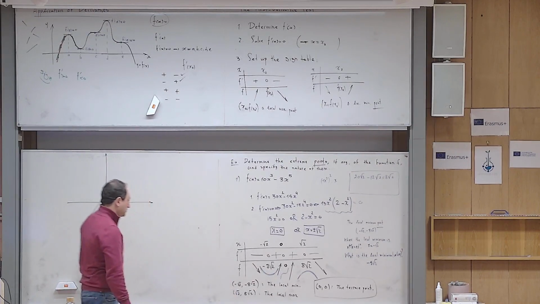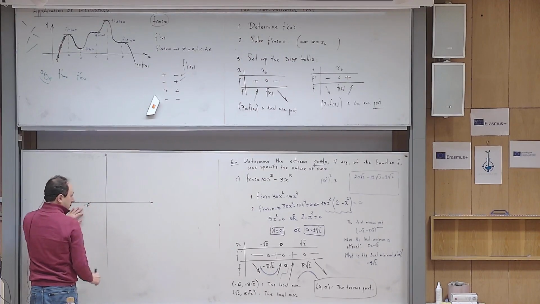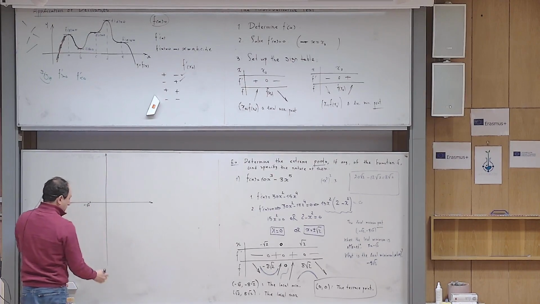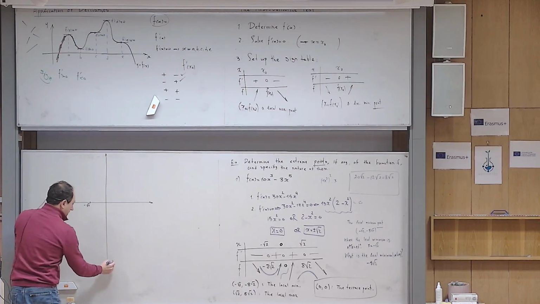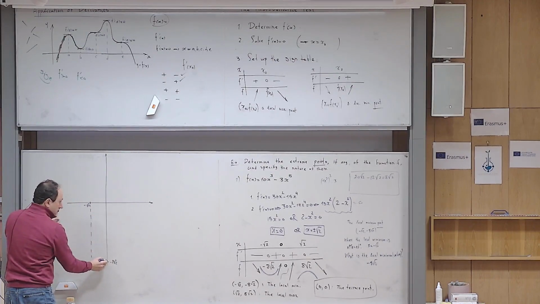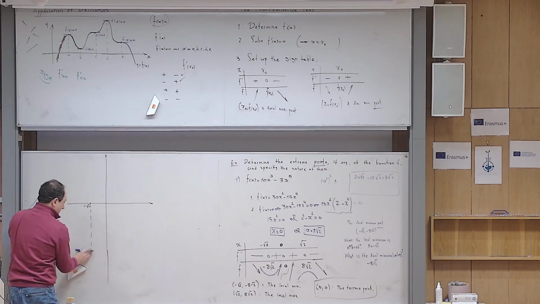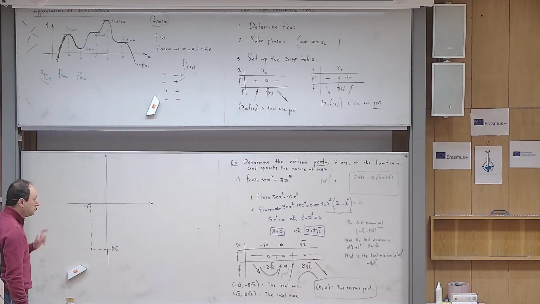So minus square root of 2. Let us say that this is minus square root of 2, I might exaggerate a little bit. And then minus 8 square root of 2. Let us say this is minus 8 square root of 2. I don't need to exaggerate that much because there is not enough space to draw the graph anymore. That point is my local minimum.